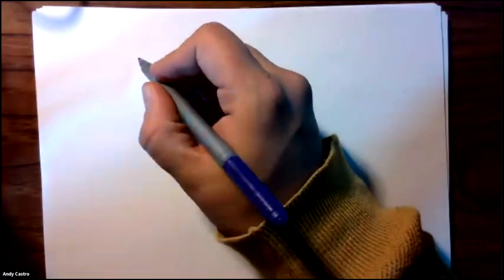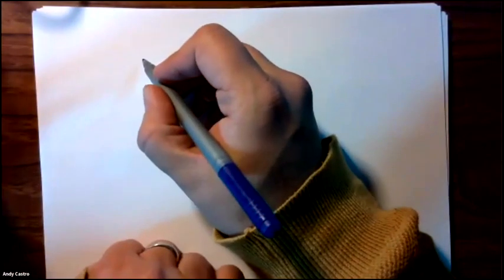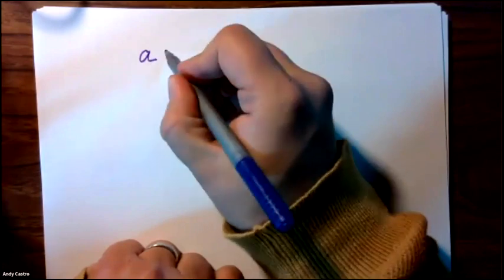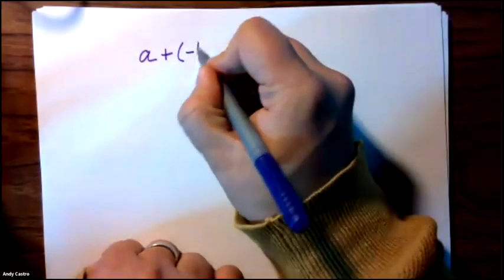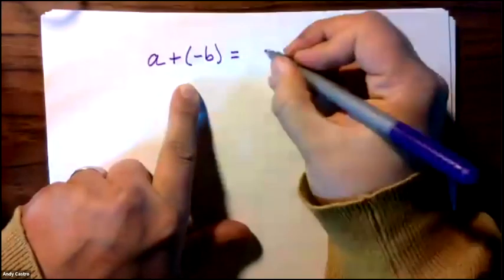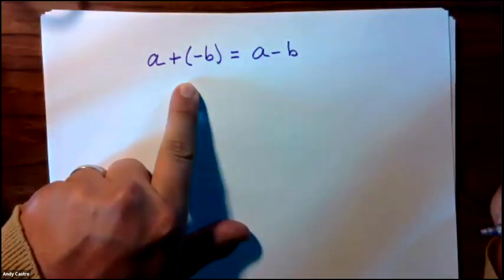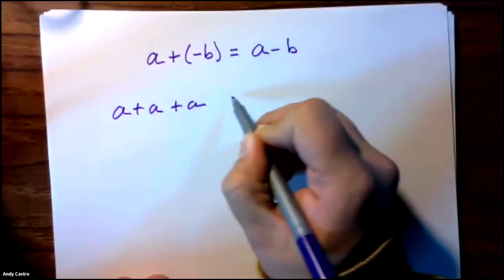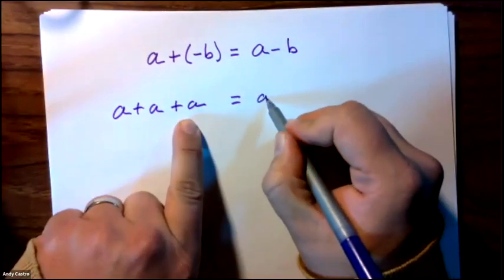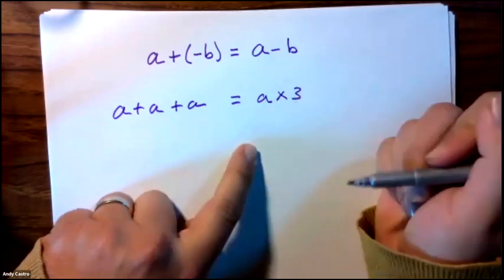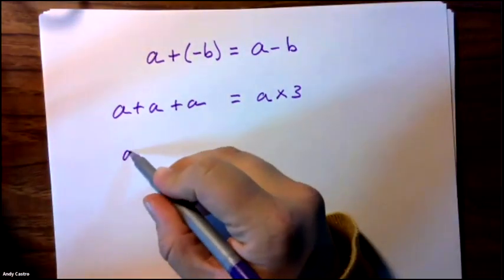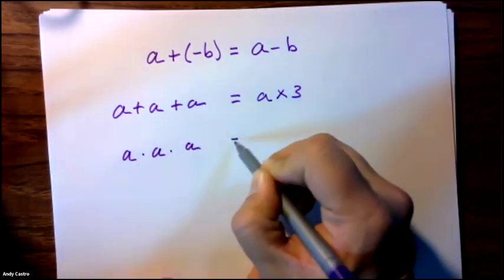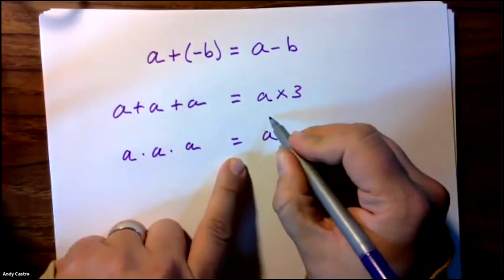All right. We talked about the definition of subtraction, and this we'll get into in a few weeks when we look at the commutative property of addition. But when you have A plus a negative B, that's the definition of subtraction. That's what we mean by A minus B. And then when you have A plus A plus A, that's what we mean by A times 3. Okay, and if you have A times A times A, that means we have A to the third power.